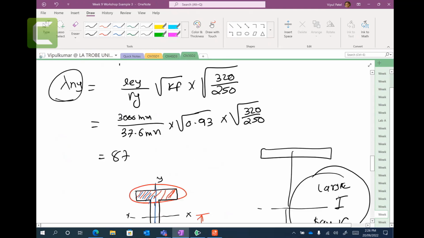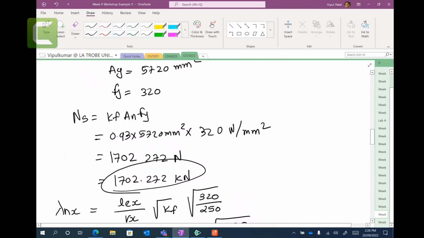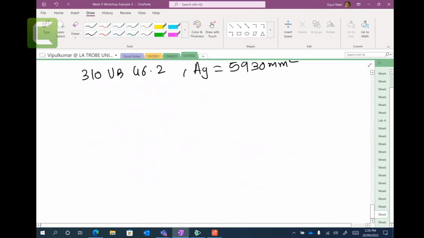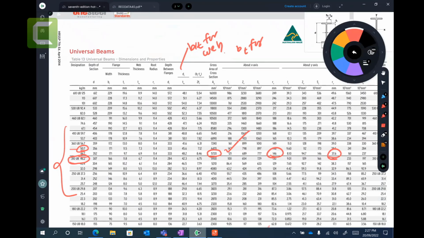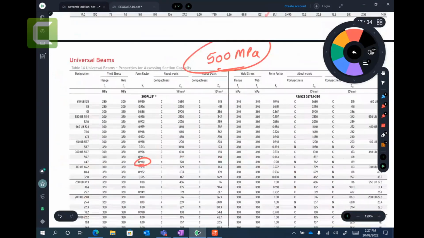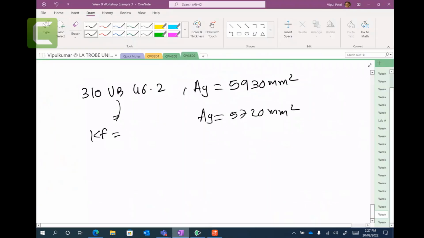And what was the gross area that we got? We got 5720, yeah, that was the last one. So in here we might be able to do it. The kf for this one is 0.991.